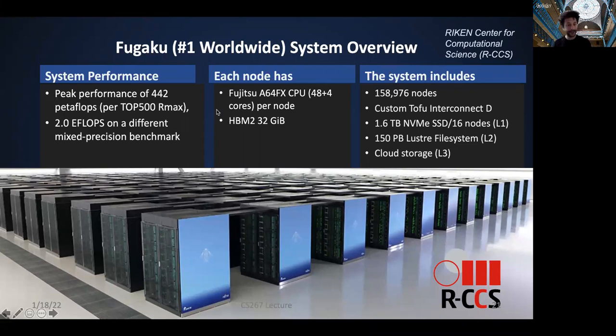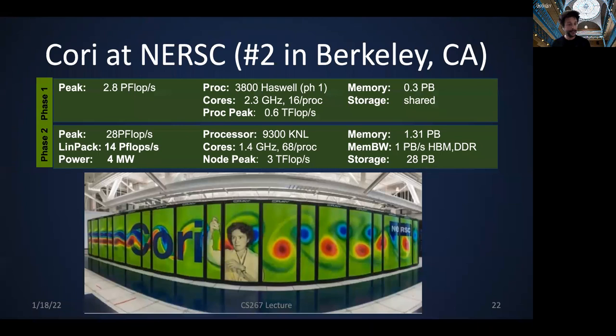So there are different ways of achieving the same performance. If you look at other rankings about the energy efficiency of these machines, it turns out Fugaku is better. But we're not going to cover too much about that.